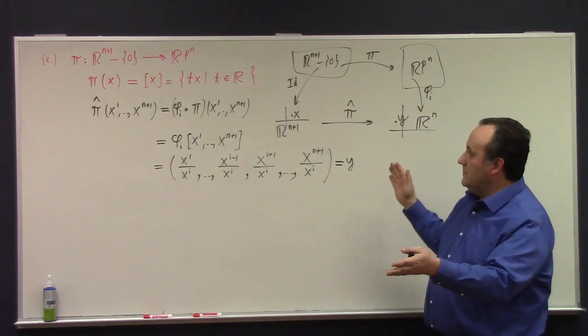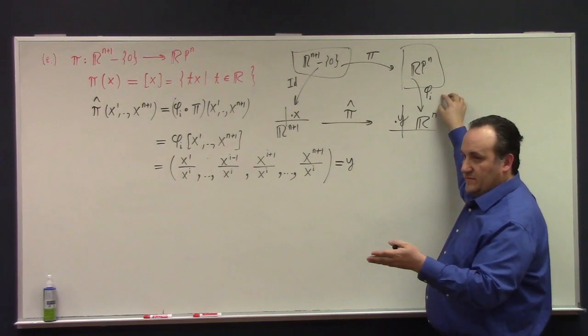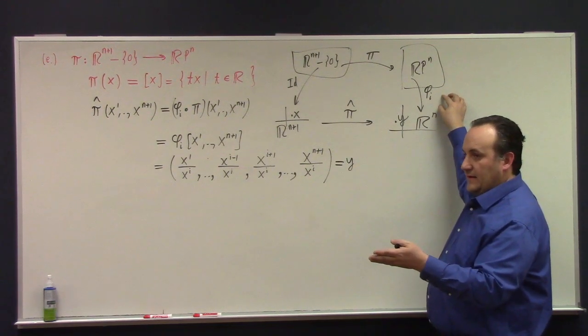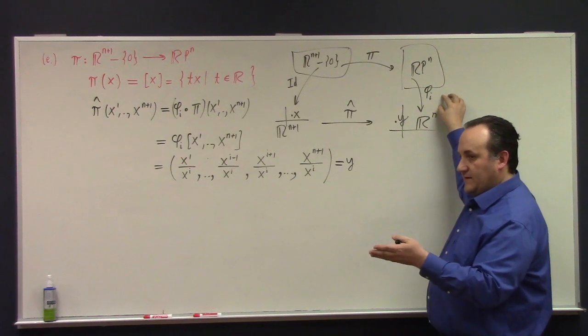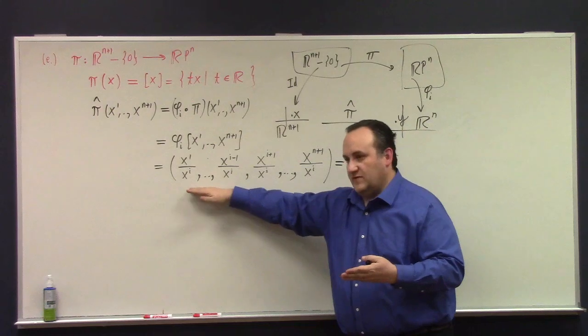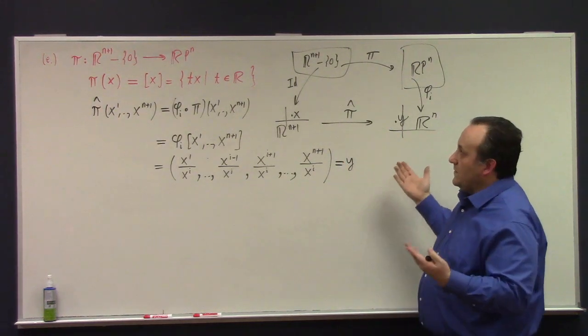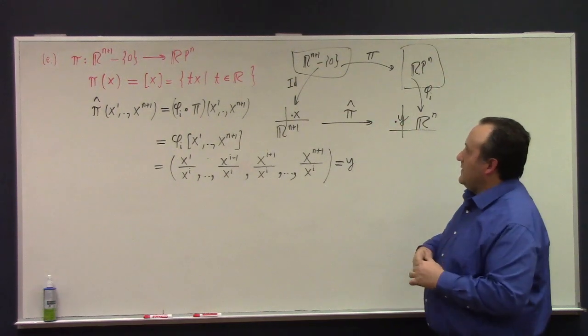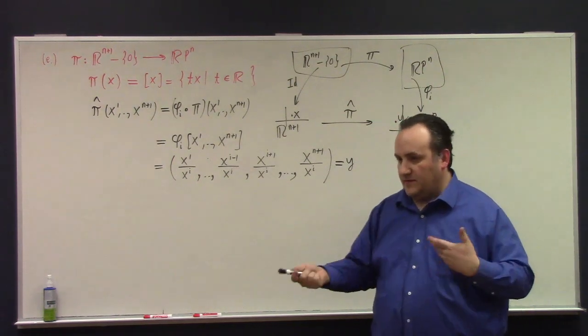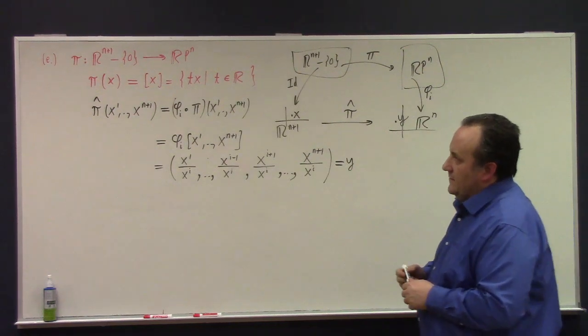Remember, the domain for this chart assumes that we're looking at lines whose direction vector has non-zero ith coordinate. Therefore, these divisions are harmless, and this is a smooth map. Therefore, the projection map is smooth with respect to the standard smooth structures on R^(n+1) and real projective space.